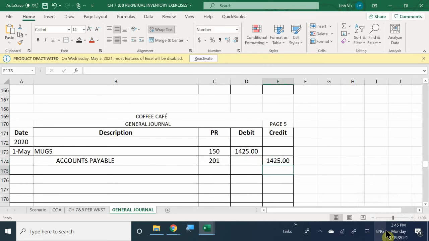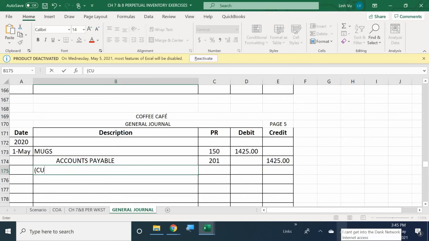Okay. All right. Other information that's pertinent to me would be, well, first off, I purchased this from Cuppy's Co. How many items did I buy? I bought 500 mugs, and it cost me $2.65 each.